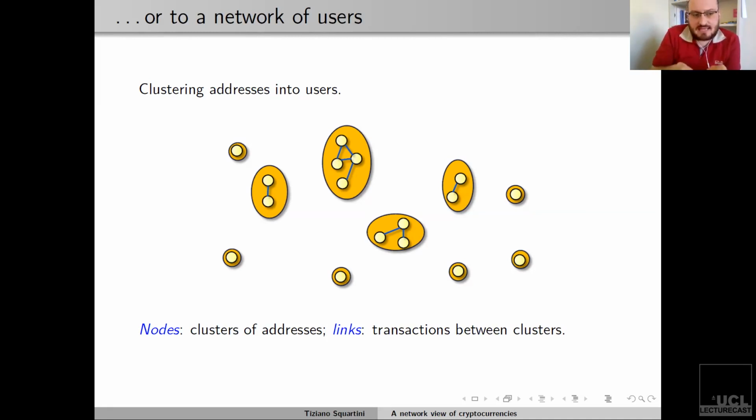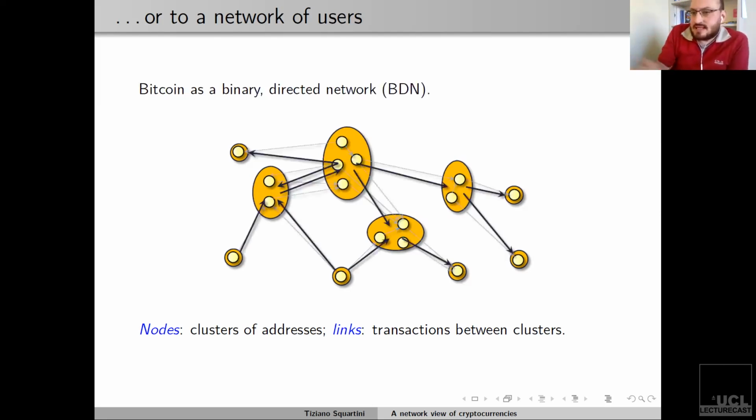I mean, they are based on some regularities that are observed in the blockchain, and that let you imagine that there are groups of addresses owned by the same entity. So we call users these entities. So the nodes become these clusters of addresses, and the links are put between the clusters of addresses as soon as there is a link between the underlying addresses, the addresses that constitute the users.